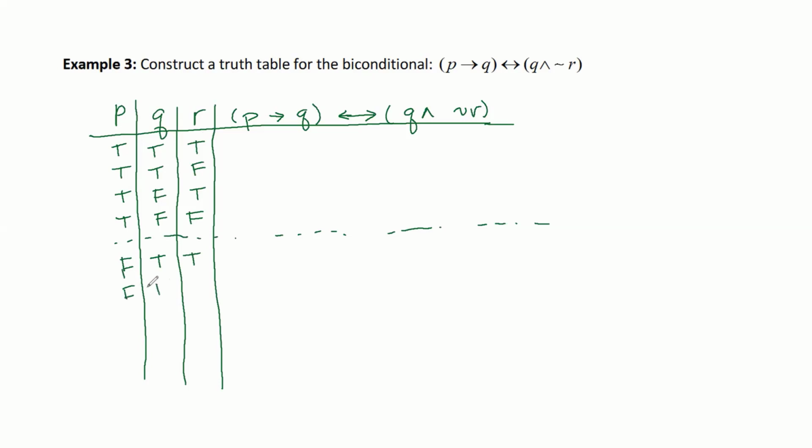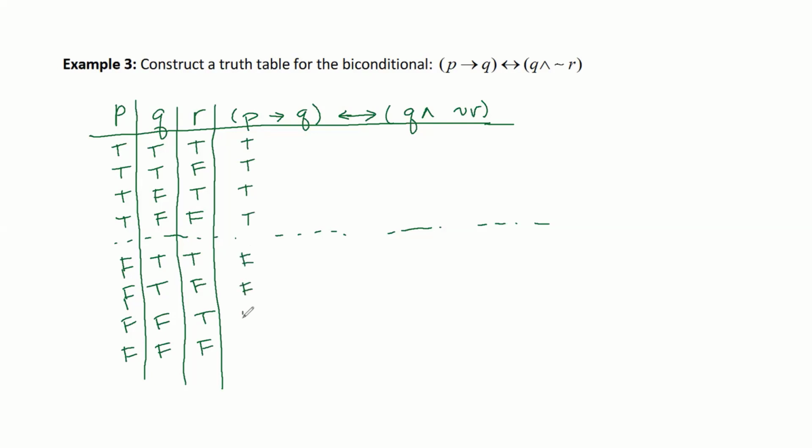False, true, false. False, false, true. And false, false, false. Okay, there's our basic setup. In our first step are all the simple statements, the statements and the negations. So P, we're going to just copy down as true, true, true, true.